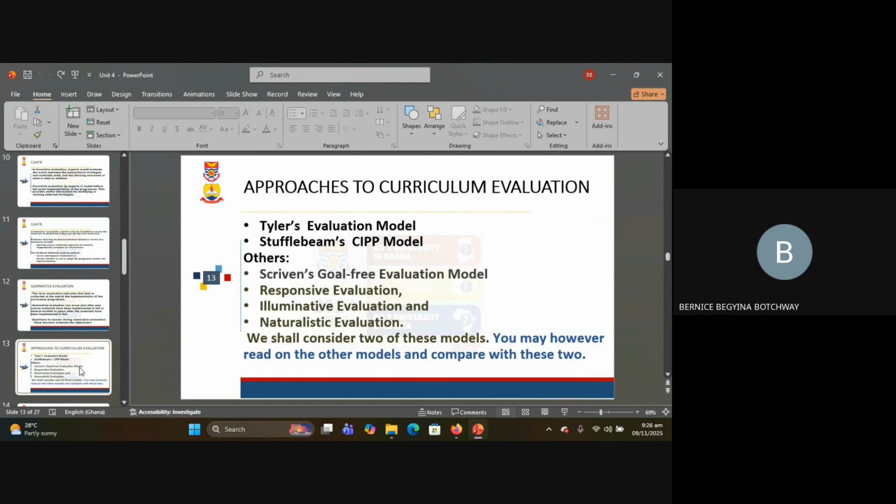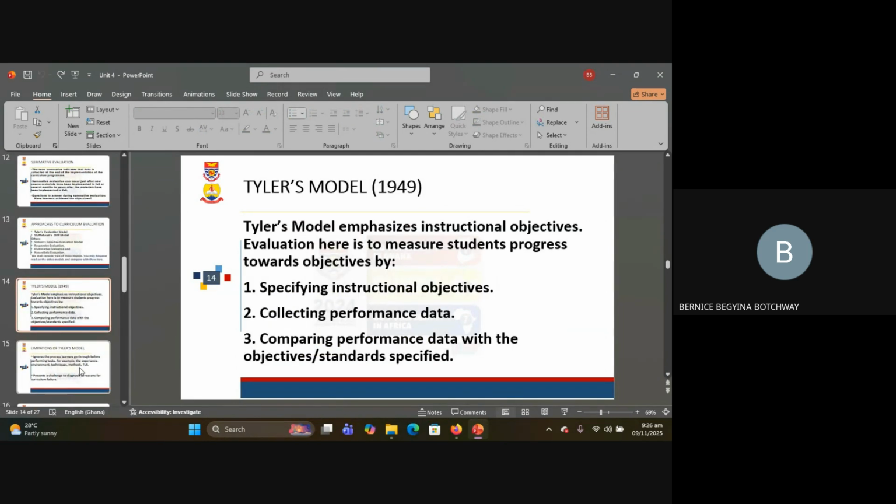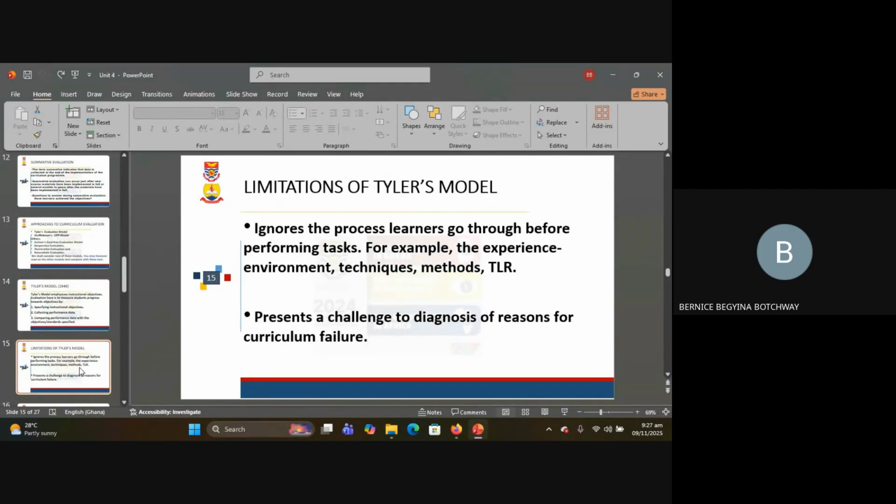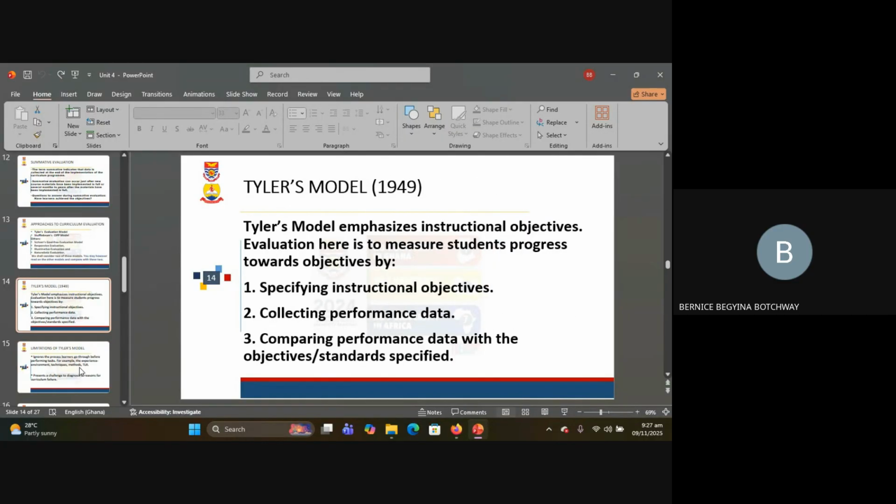So curriculum evaluation is not done by experts. It's done by the teachers on the field, with the headmasters and the supervisors. It's just that the final decision is taken by the experts, and they are the ones who create the changes for us. So with Tyler's model, we all do it. We, the teachers, are the ones on the field.